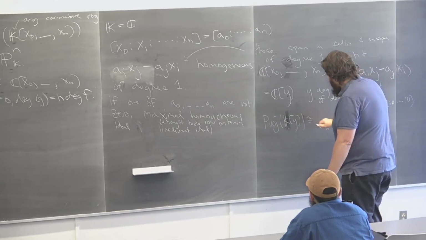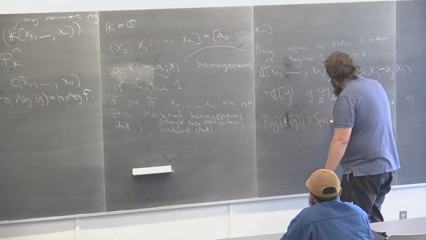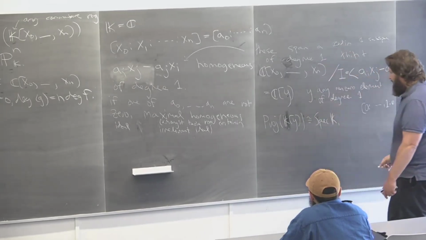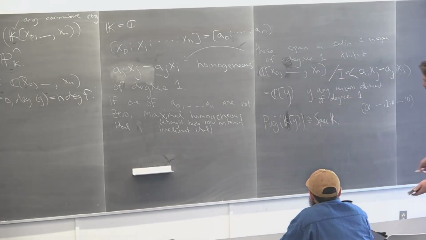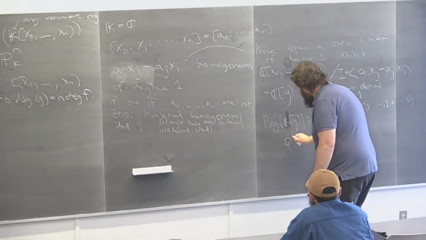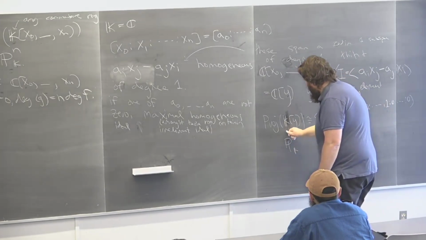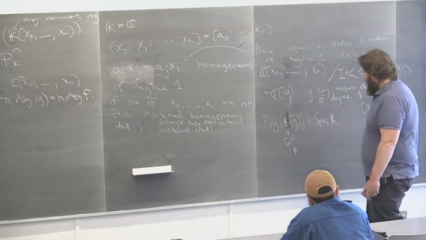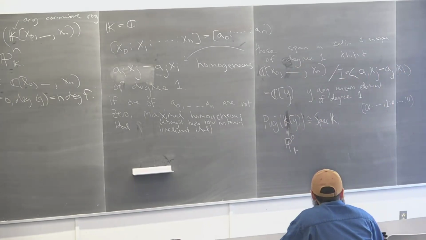So this Proj is actually isomorphic to Spec of K. And this is saying that P0 is a point. This is P0. So P0 is the same as A0.